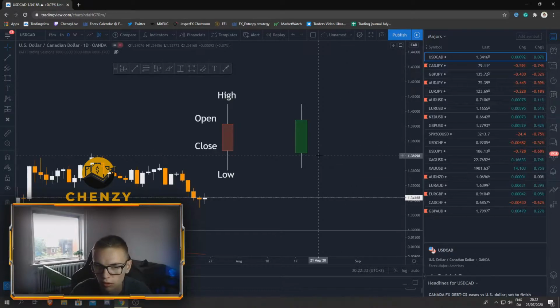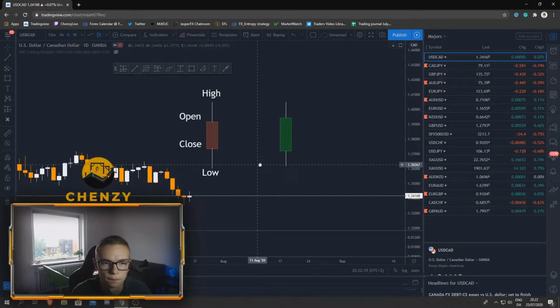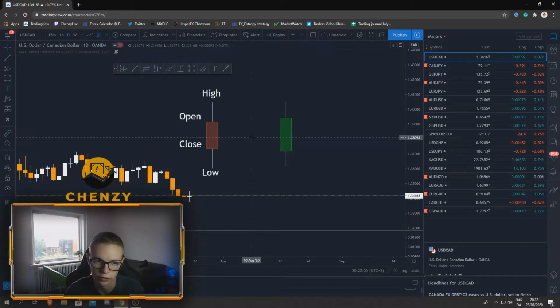So you guys can just quickly guess where you think the open, high, low, and close of this candle is. Hopefully you will understand it. If not, I will help you out. So let's start with the open of the candle.